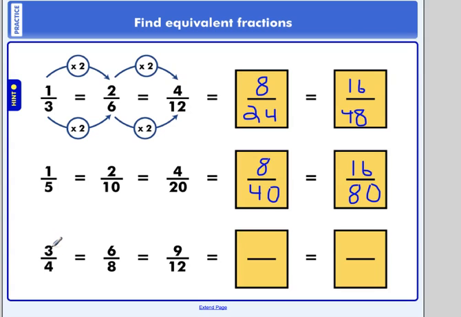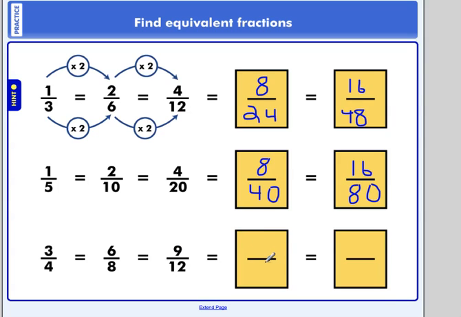Could I multiply by something to get 9/12? 3 times 3 is 9. If I multiply 4 times 3, do I get 12? Absolutely. So here I multiplied the 3 times 3 and the 4 times 3 to get 9/12.